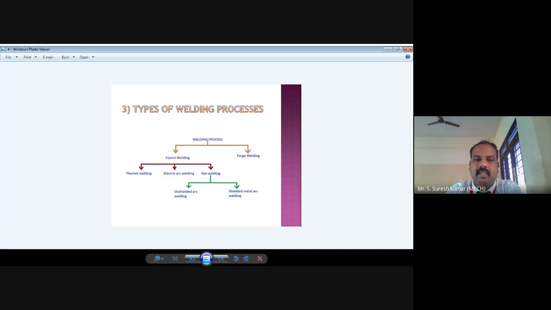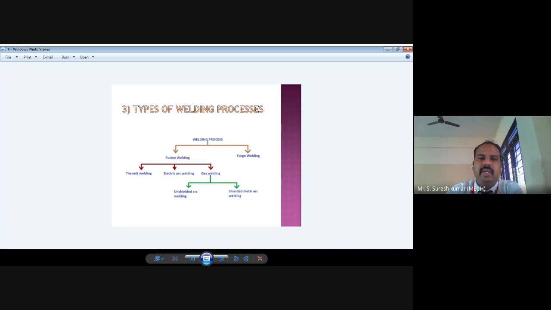In electric resistance welding, the parts are pressed together and an electric current is passed through them, so the metal is heated to the fusion temperature.